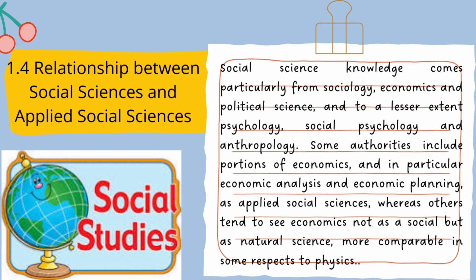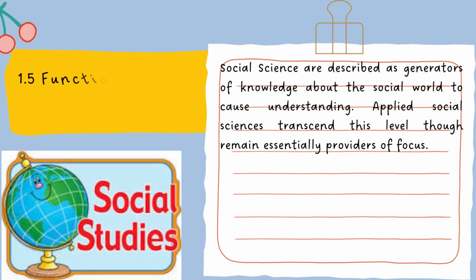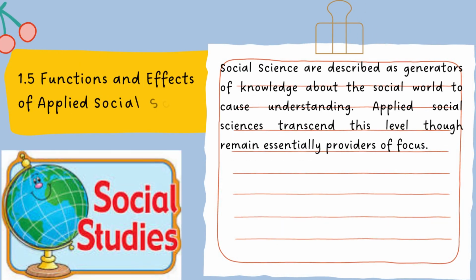In short, hands-on na to si applied social science. Nasa field na. While si social science is just an idea presented. Okay? Here, in 1.5, the functions and effects of applied social science.